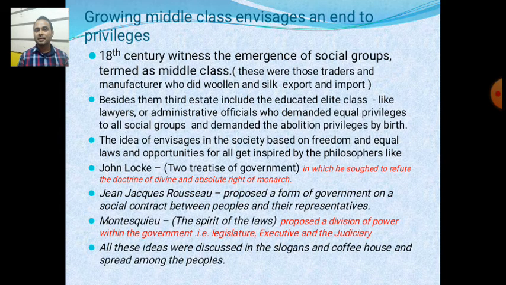Now they started to demand equal privileges for all the social groups, and they demanded to abolish the privilege based on birth. Why did they make such a demand? There are certain factors. As I told you, this group of people were highly educated. They were called the elite group of France.